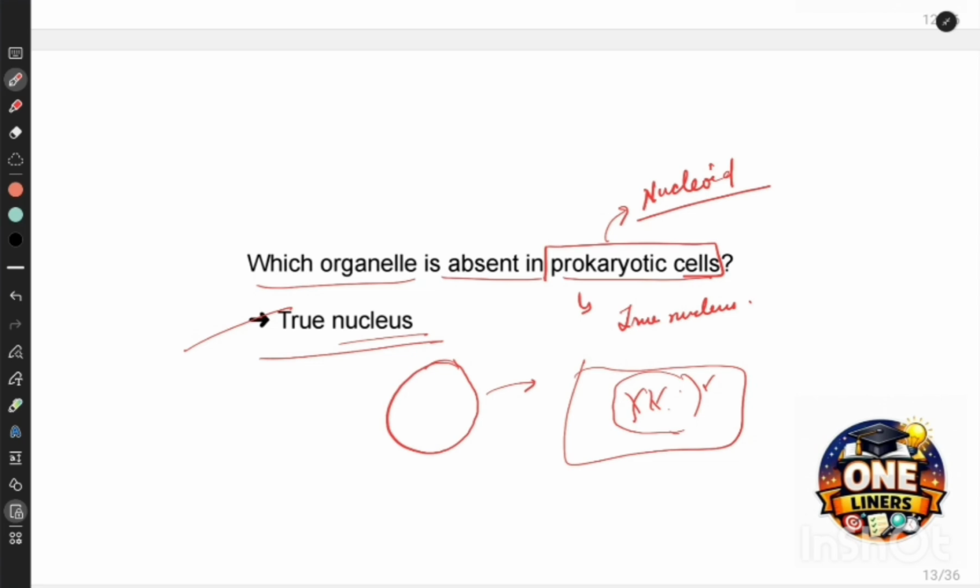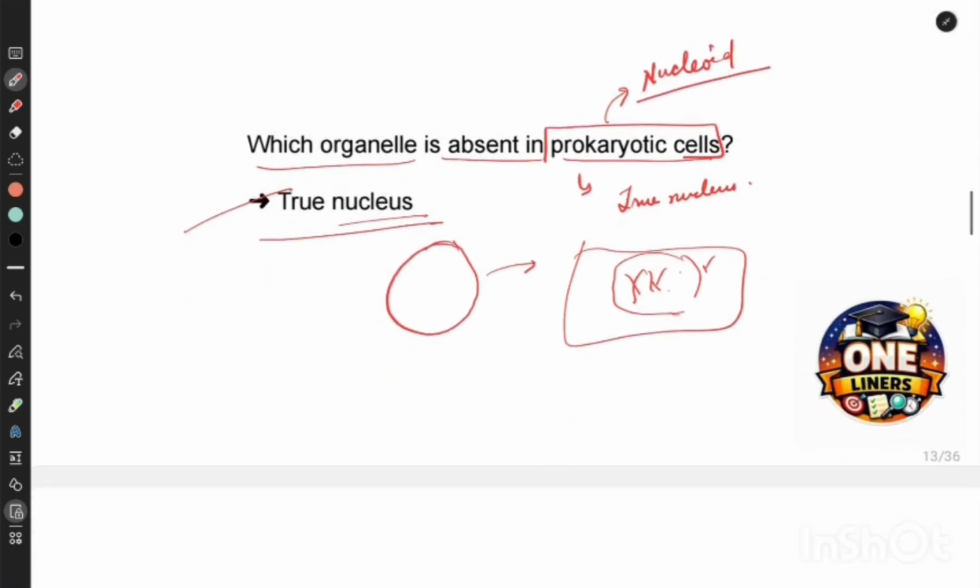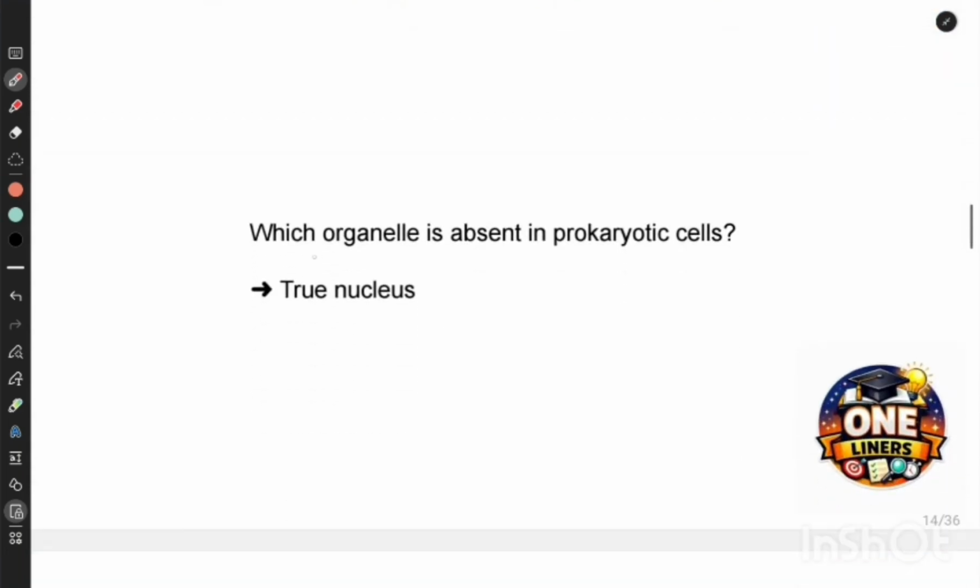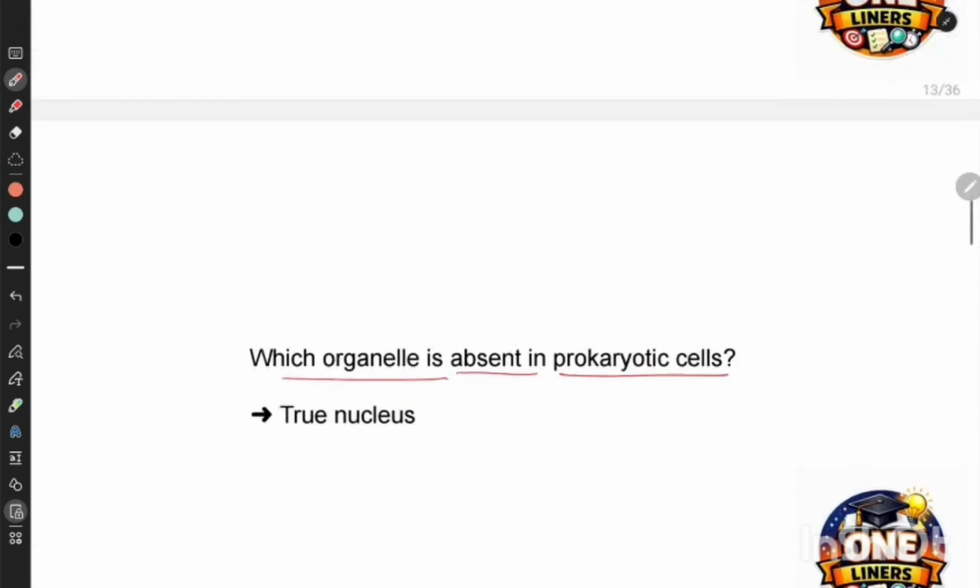Okay, next one. Which organelle is absent in prokaryotic cell? So we have done it earlier.